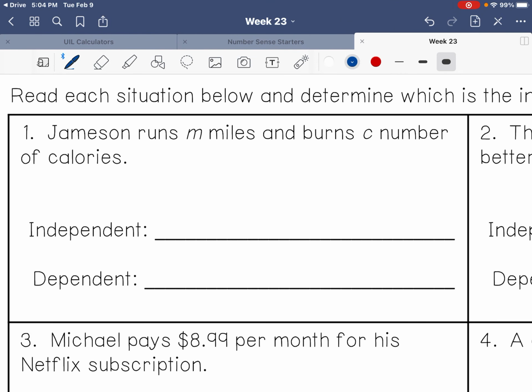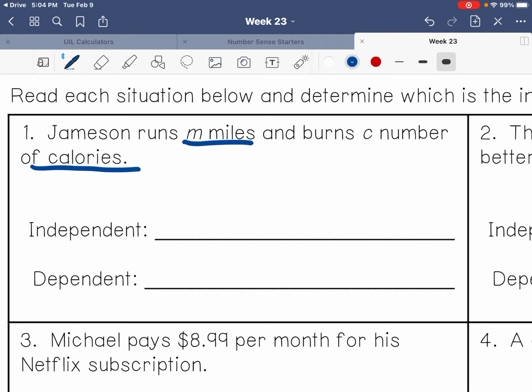Jameson runs M miles and burns C number of calories. The easiest way for me to tell which one's dependent and which one's independent is to figure out if one would happen without the other. If you don't run any miles, you won't burn any calories.